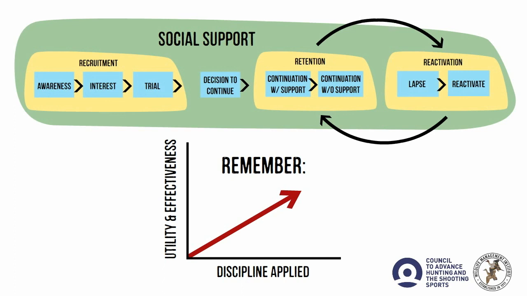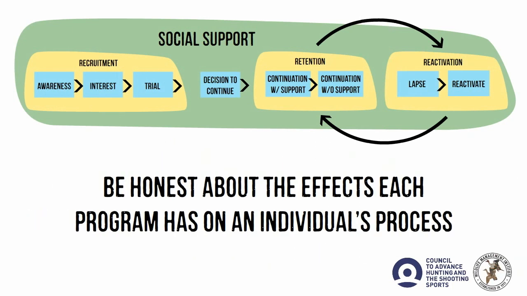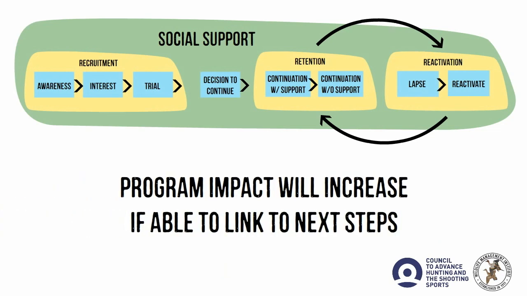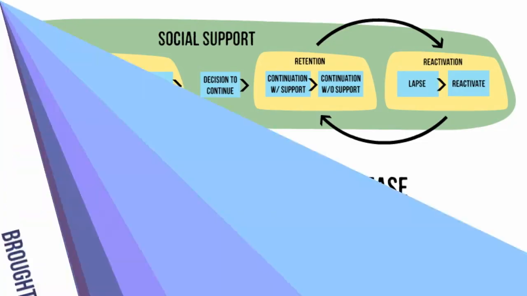If we are going to improve the ultimate reach of our R3 efforts, we have to be very honest with what part of that adoption process our efforts are impacting. If we do that, the ability for us to expand the impact of those efforts by creating next steps, follow-up programs, or linking with our partners will greatly increase, and therefore the ultimate impact of our overall R3 strategy will become more and more effective.